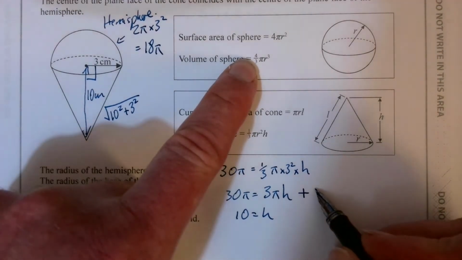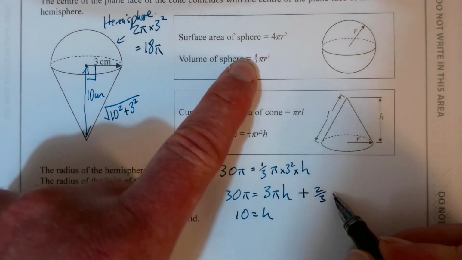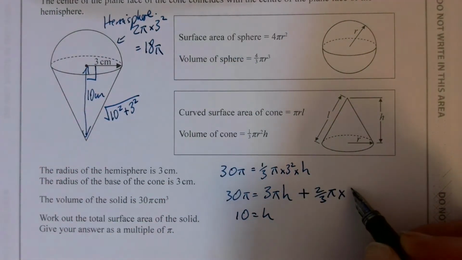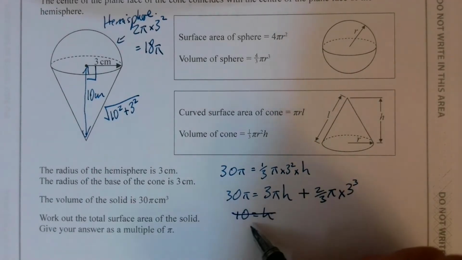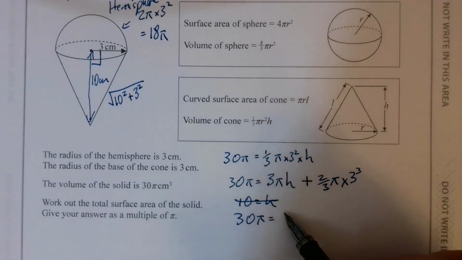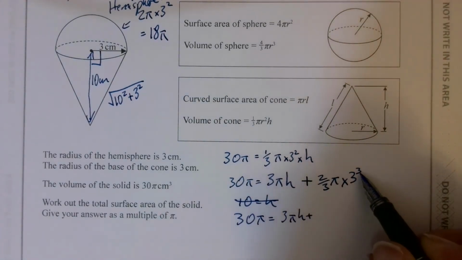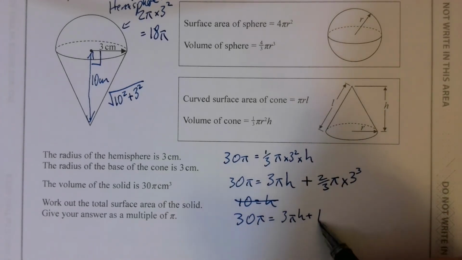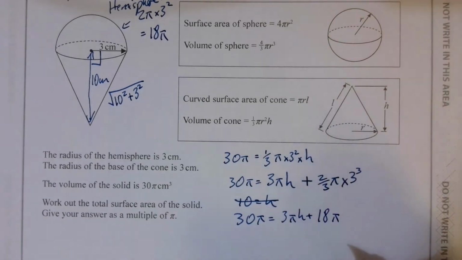Half of 4/3 is 2/3, so I could write 2/3 pi times the radius cubed. So that's going to give us 30 pi equals 3 pi h plus 3 cubed is 27 divided by 3 is 9. So that'll be 2 times 9 is 18 pi.